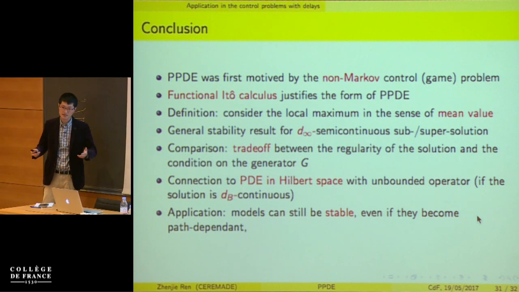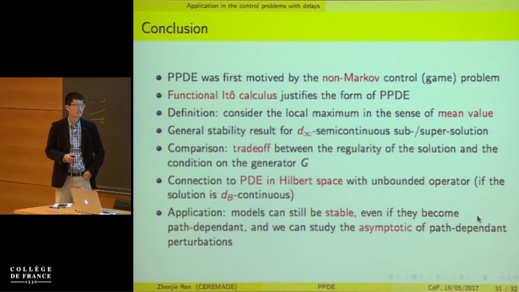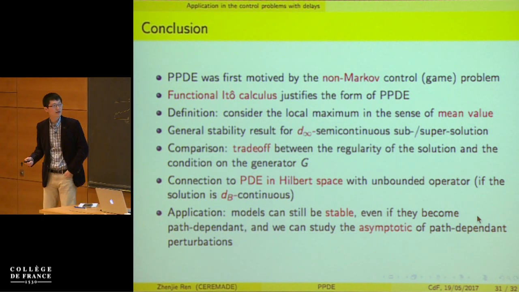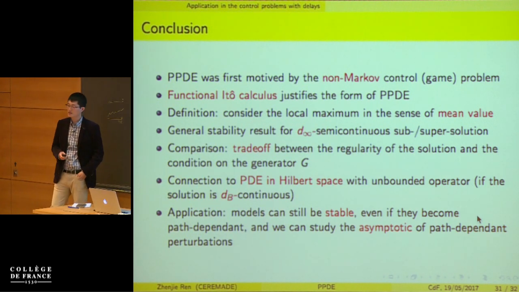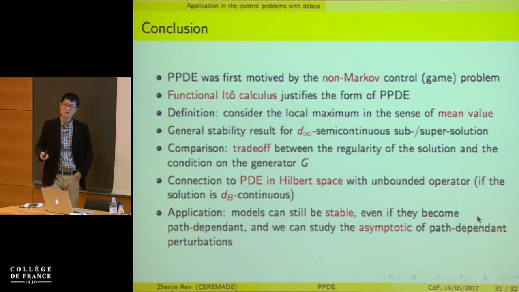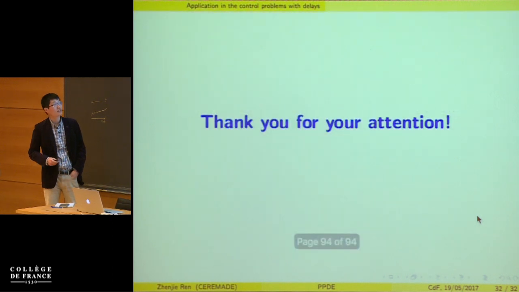It's stability in a more general sense. Furthermore, we can use our knowledge of the PPDE to calculate some asymptotic behavior of this kind of path-dependent perturbation. We only consider the delay perturbation, but of course maybe you can consider something more interesting.